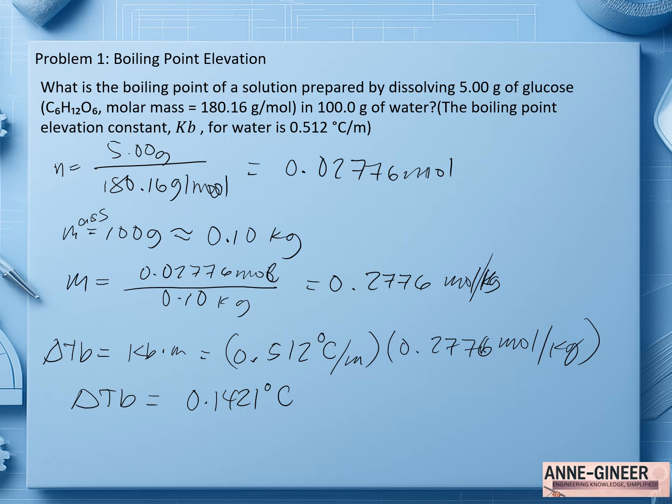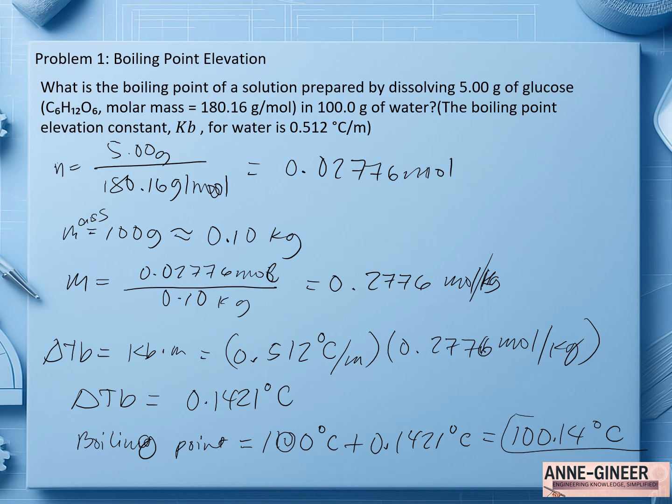But the question is, what is the boiling point of the solution? So the boiling point should be 100 degrees Celsius plus 0.1421 degrees Celsius, which is equal to 100.14 degrees Celsius.